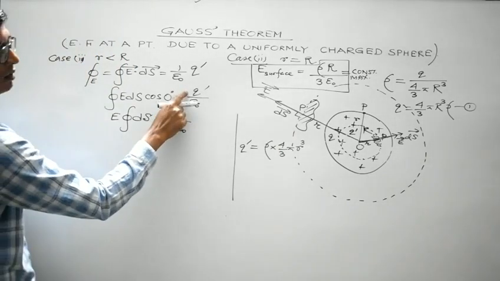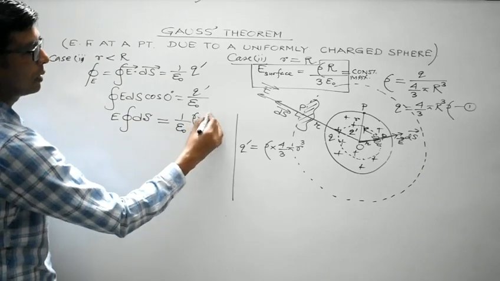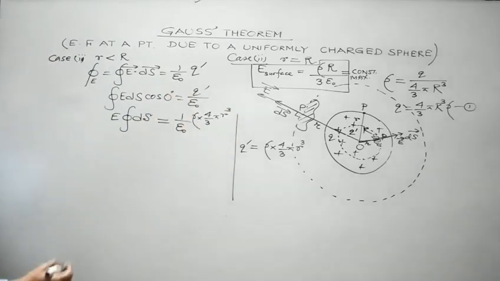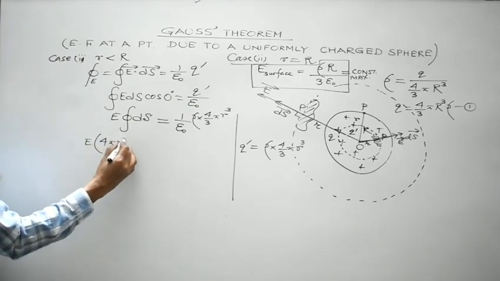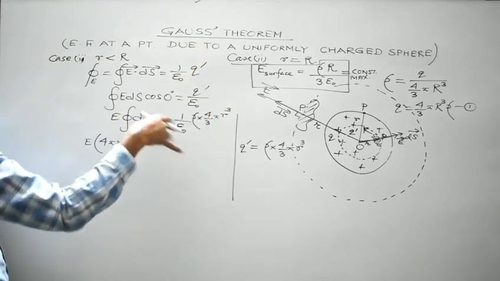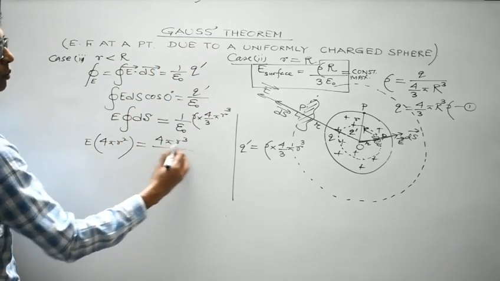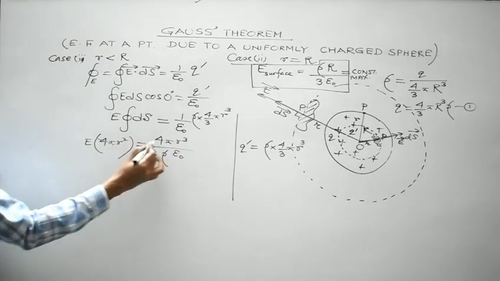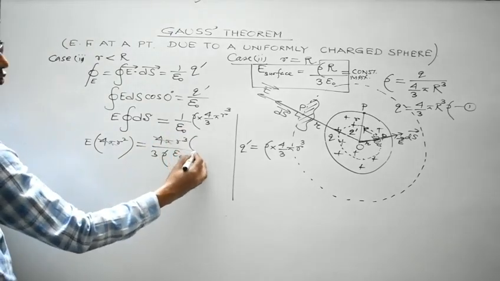So substitute the value of Q dash as rho multiplied by 4 by 3 pi r cube. Integration of ds will give us 4 pi small r square, which is the total surface area of the Gaussian surface. So we get 4 pi r cube rho divided by 3 epsilon. 4 pi gets cancelled.